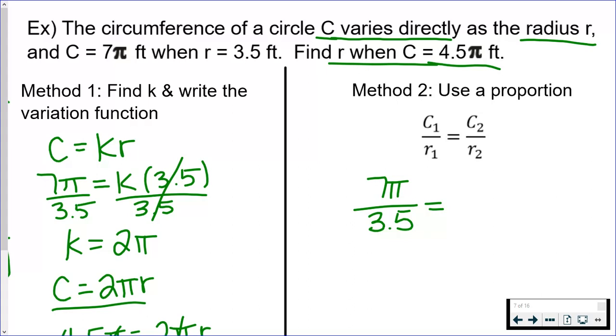I know the second circumference was 4.5 pi, and we were trying to figure out the radius that goes with it. So R2 is the R that we're trying to find.